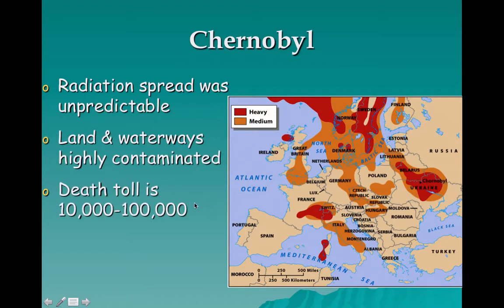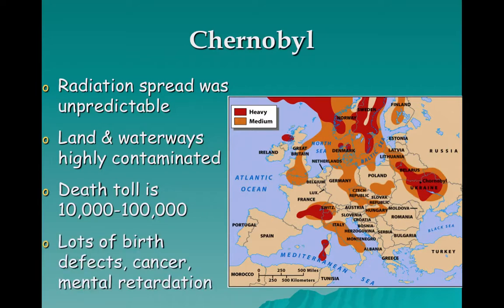The death toll is estimated to be between 10,000 and 100,000. Again, that's quite a range, and it's just hard to determine. Short-term or immediate deaths are very easy to pinpoint the cause of, but if somebody dies 30 years later from cancer, it's hard to determine if that was from the accident or not. But we saw later lots of birth defects.